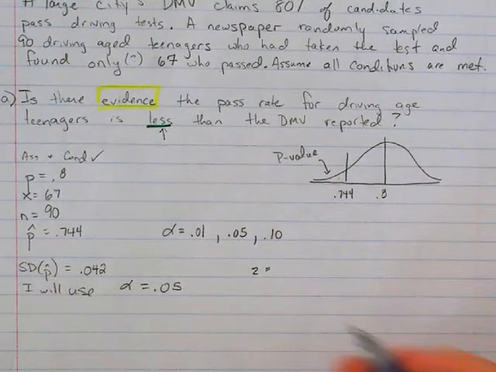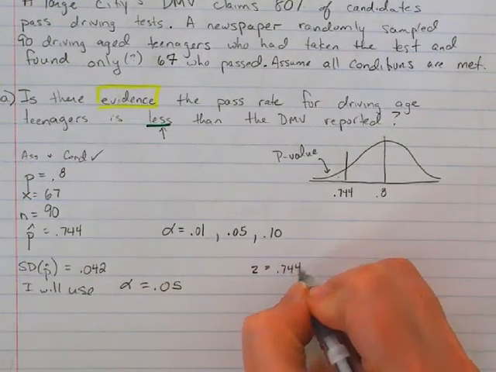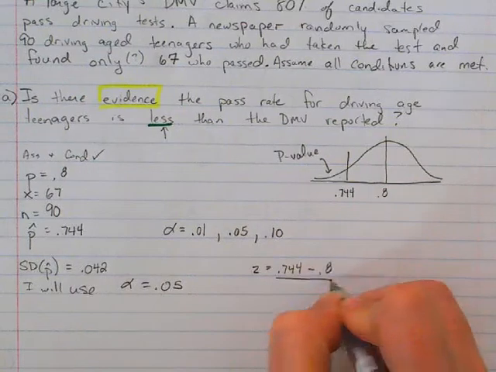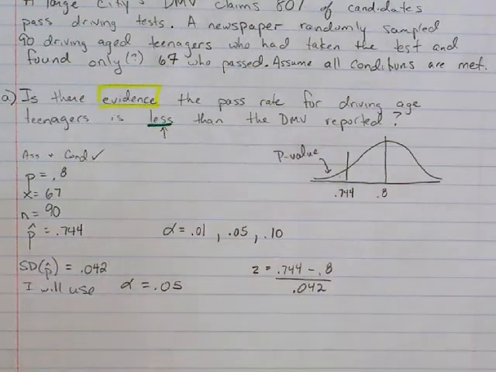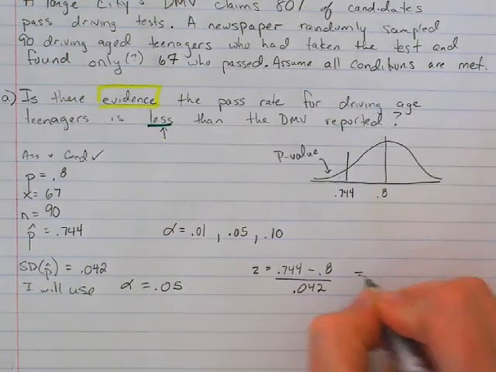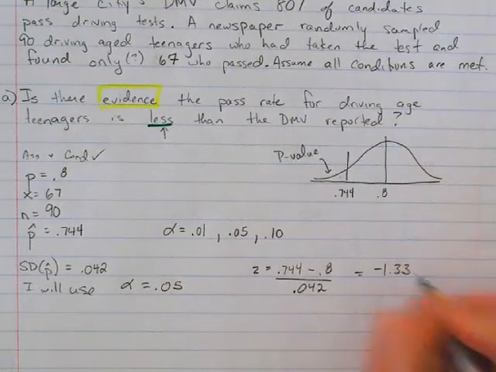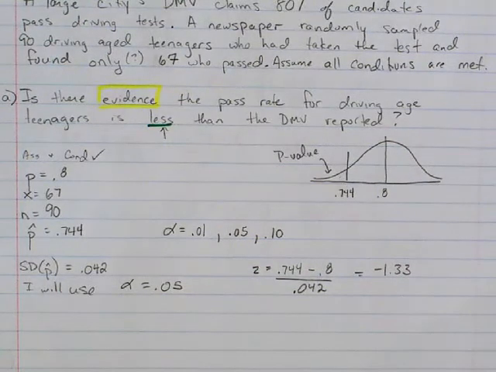Now we get to do what we always do, which is our happy z-score. Let's see, we've got 0.744 minus 0.8, all divided by 0.042. Let's see what we get. I'm at negative 1.33.